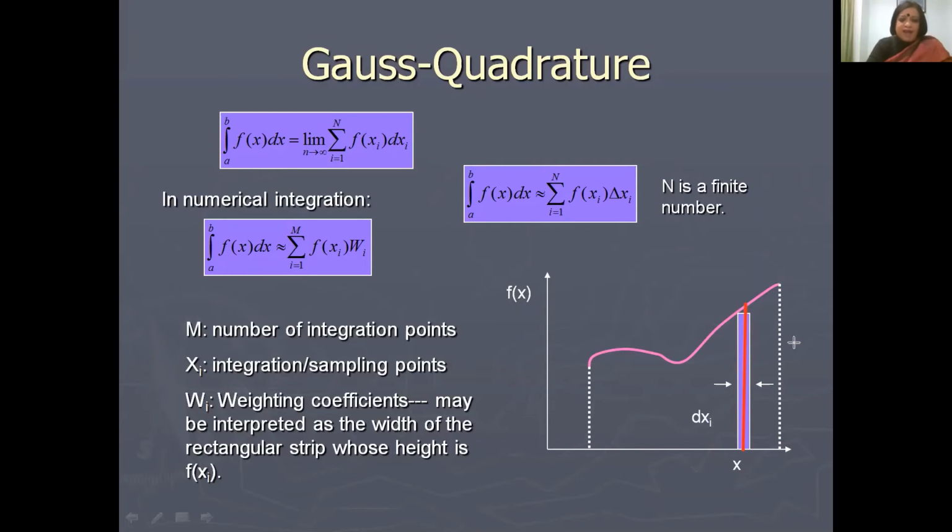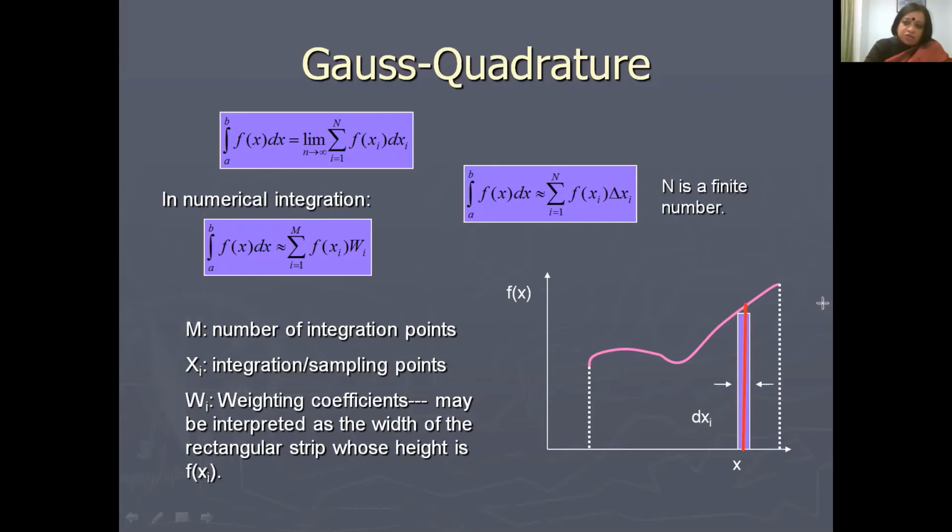In that case, I can also write it like this: the integration is, in a way, a summation of f(xi) multiplied by some quantity delta xi, some difference about xi. So instead of taking a very small infinitesimal width, I take a finite one, because with numerical techniques I cannot work with infinite quantities. I cannot really work with n going to infinity.